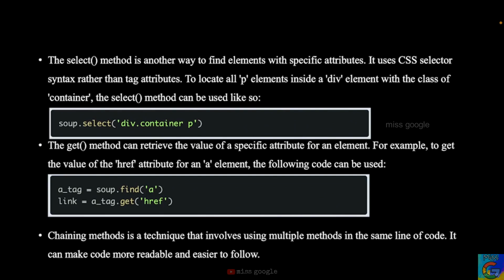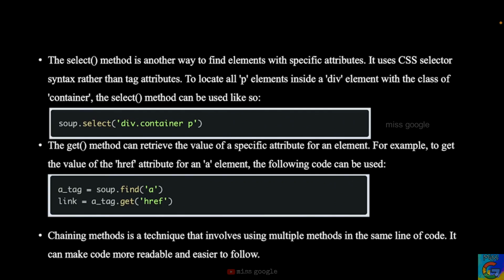The get method is the other one, which is used to retrieve the value of a specific attribute for an element, for instance, the value of the href attribute for an a element, and all this can be chained together, a builder method of some sort.